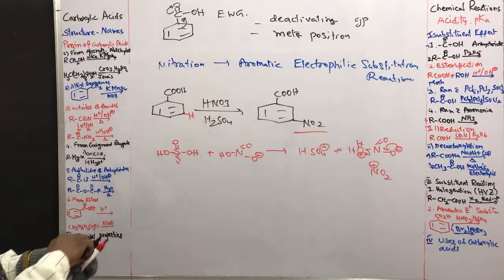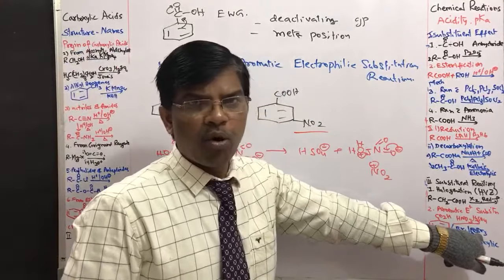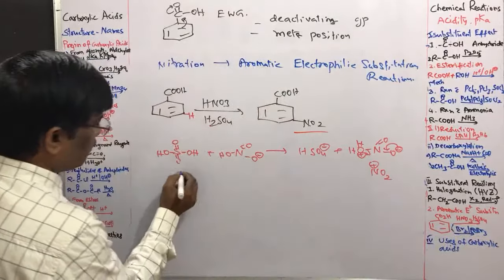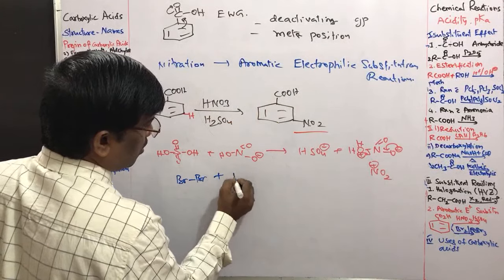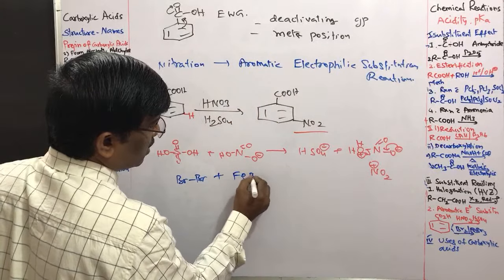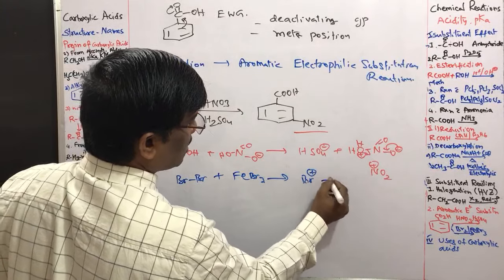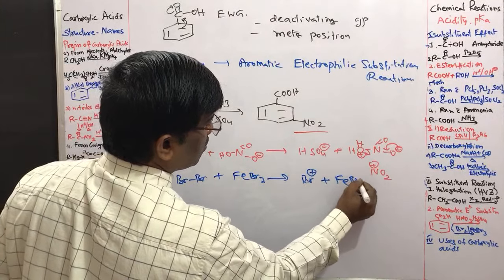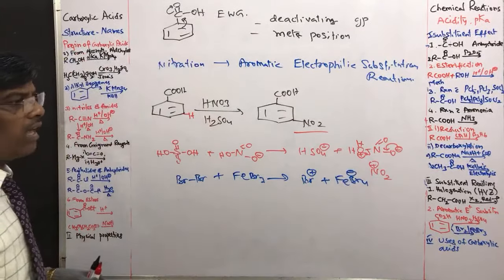Yes, similarly halogen also, bromine in presence of ferric bromide forms a bromine electrophile. Ferric bromide is a Lewis acid, it is going to form bromine plus and FeBr4 minus.